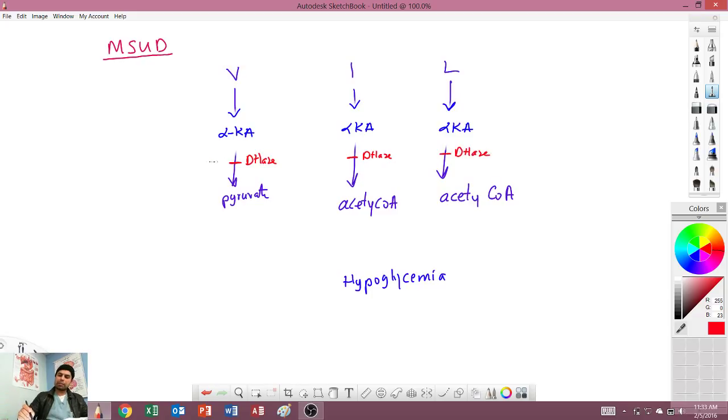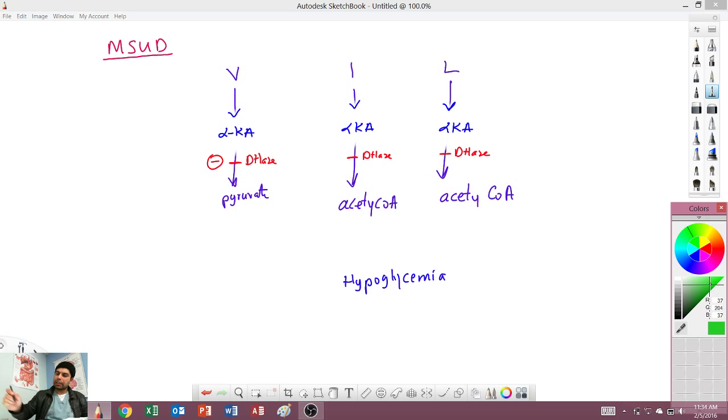And if this enzyme is deficient, it will lead to maple syrup urine disease. So it's alpha keto acid dehydrogenase deficiency that will lead to maple syrup urine disease. So it's a genetic disease. Okay?